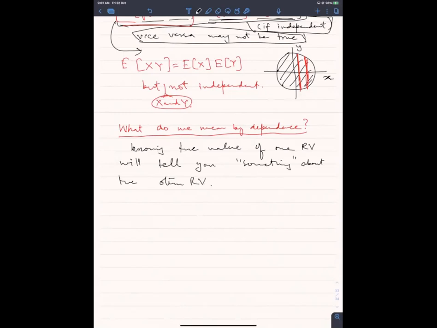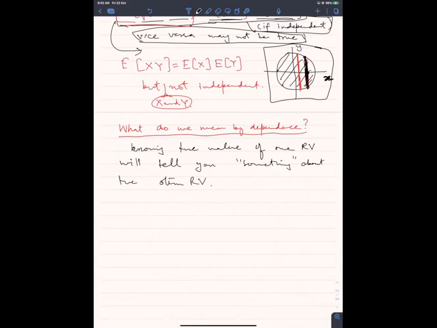For example, in the example above, if I tell you the value of x, let's say this black dot, if I tell you that x takes this value, then you exactly know that y will have a distribution between this line, this and this. The distribution of y will be on this line that I have marked in black.